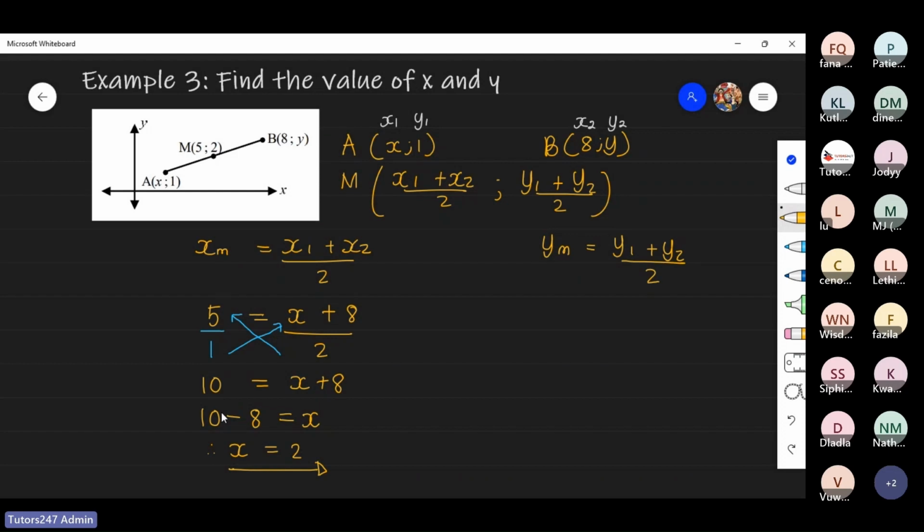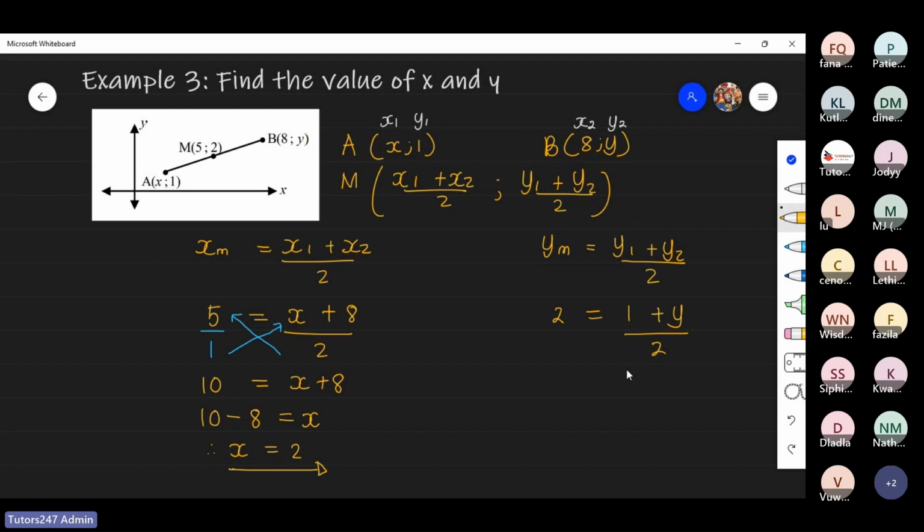We separate the midpoint formula into the x component and the y component. From there, we substitute the x value of our midpoint and the x1, x2 values. In the y area, we equate the y component of our formula to the y value of our midpoint. From there, we substitute. So we're going to substitute the y value of our midpoint as 2 equals my y1 value, which is 1, plus my y2 value, which is y, all over 2.